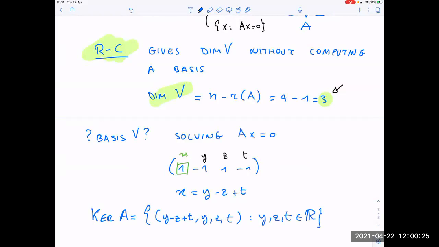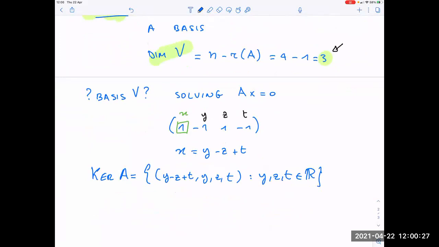Okay? And if you write it in this way, you can now do two things. So there is the old remark we made many, many times, that this vector is Y times (1, 1, 0, 0), plus Z times (-1, 0, 1, 0), plus T times (1, 0, 0, 1).